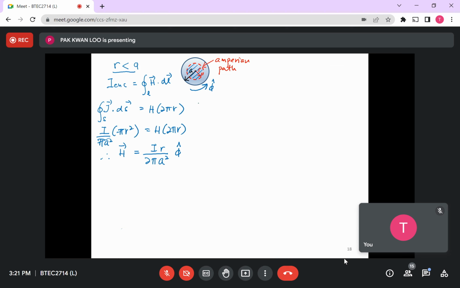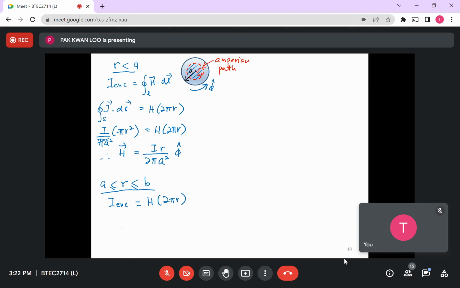Now I will evaluate outside, between B and A. The current enclosed is similar. On my right hand side will be 2 pi r.